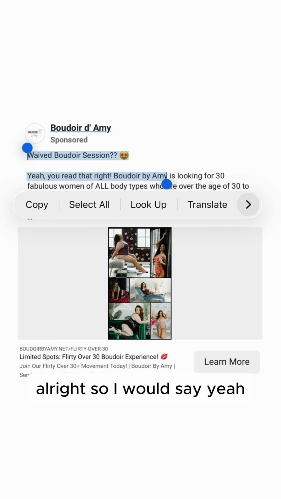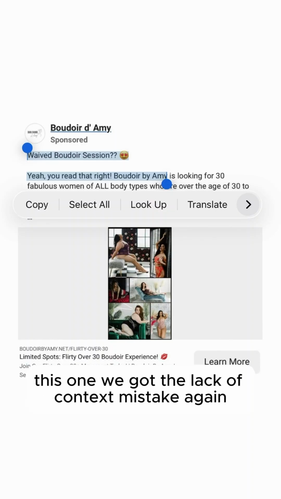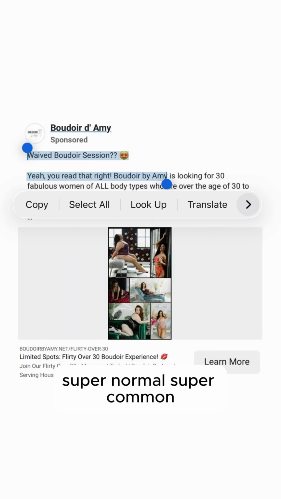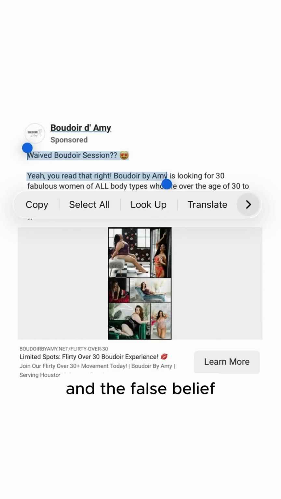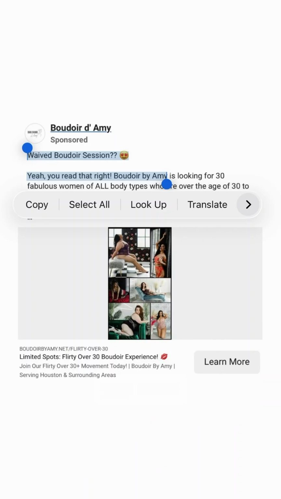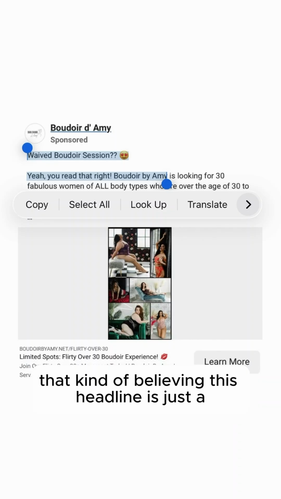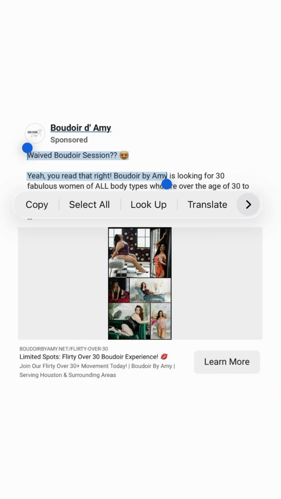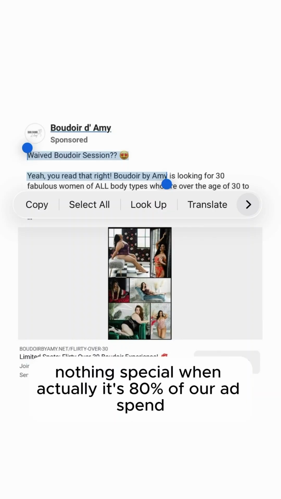All right, so I would say, yeah, this one we got the lack of context mistake. Again, super normal, super common. And the false belief that causes us to make this mistake is that we believe this headline is just nothing special, when actually it's 80% of our ad spend.